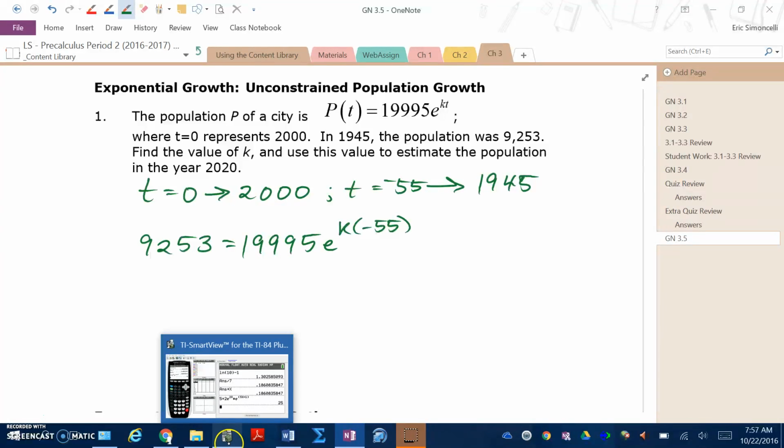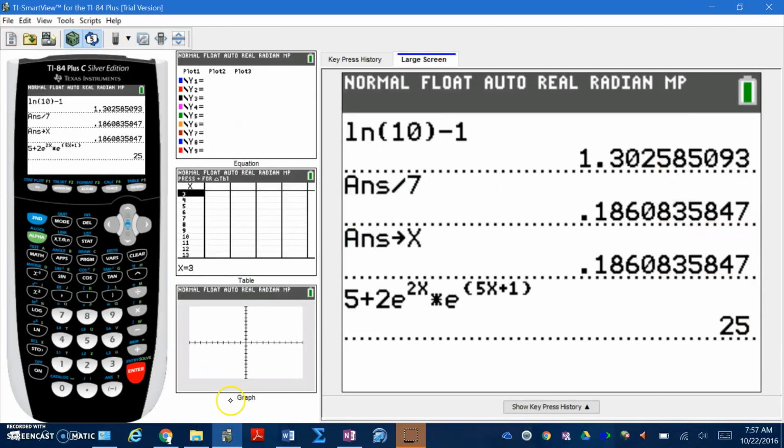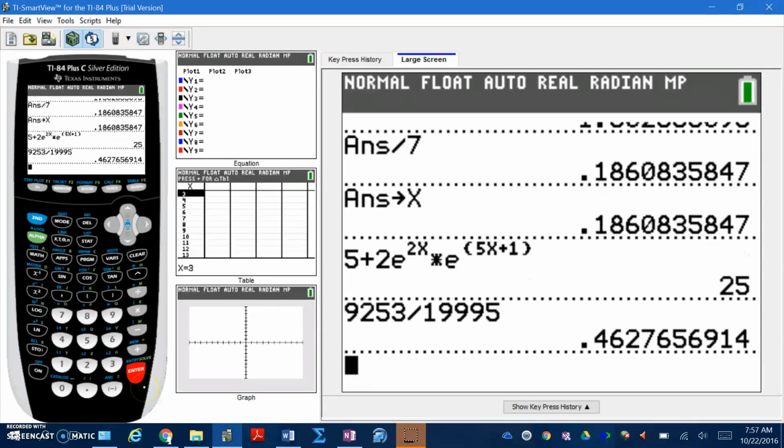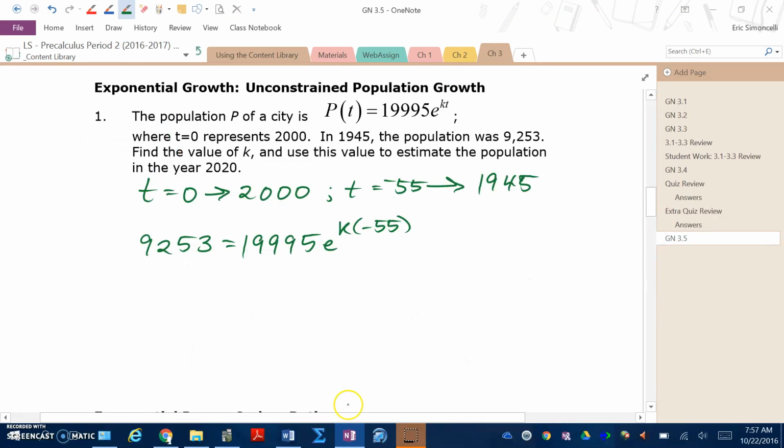First up, let's divide both sides by 19,995. We'll get roughly 0.463, maybe I'll just write down 0.4627. We still have that set equal to e to the negative 55k power.